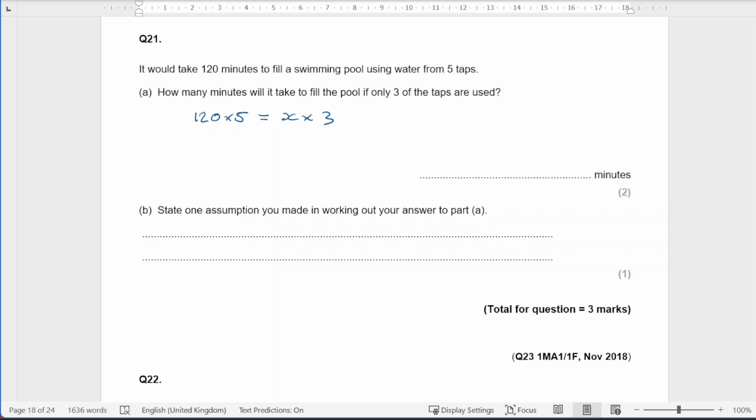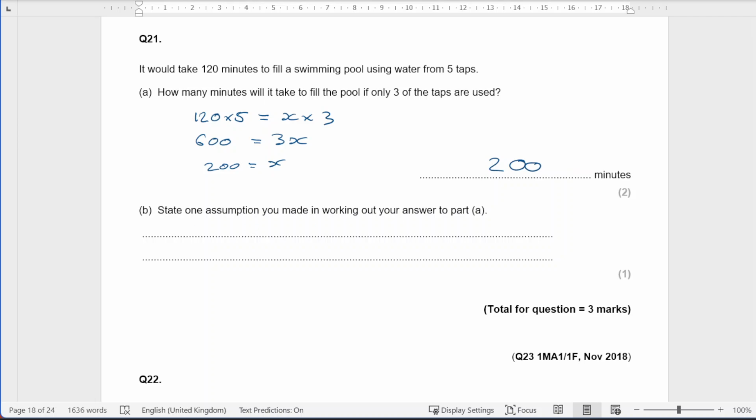Because they multiply to make the same value. So in effect, 120 times by 5 is going to give me 600 is equal to 3x. Divide both sides by 3. 200 is equal to x, so it will take 200 minutes. I don't need the m.